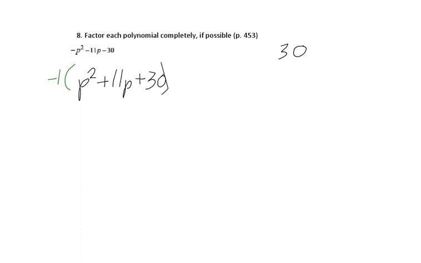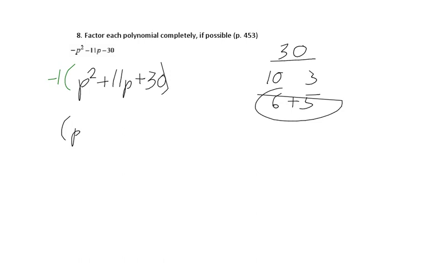So 30 can either be, I'm thinking, 10 and 3 or 6 and 5. Those are some good factors. I like 6 and 5 because that adds up to 11. So you get p plus 6 and p plus 5. And you still got the negative in front.